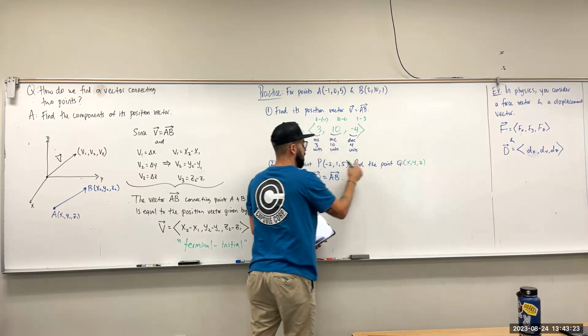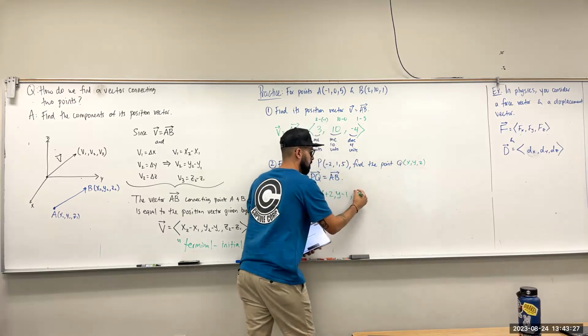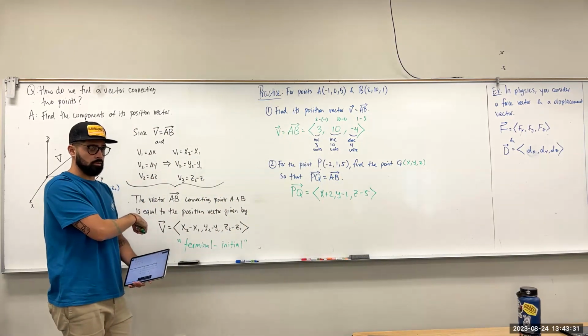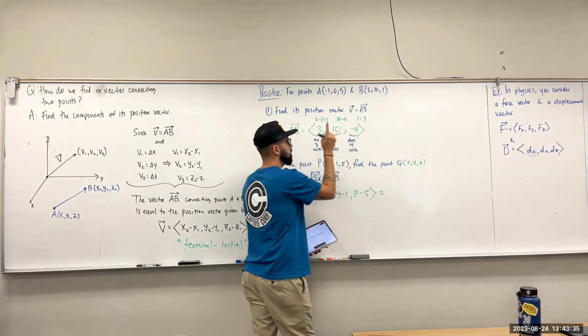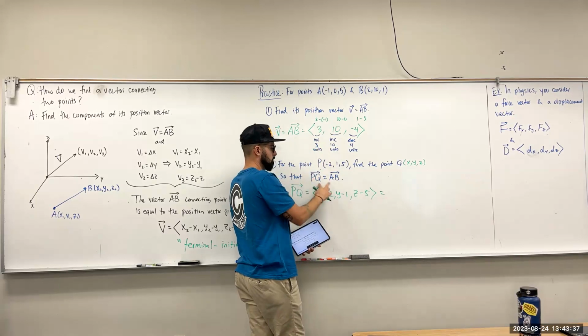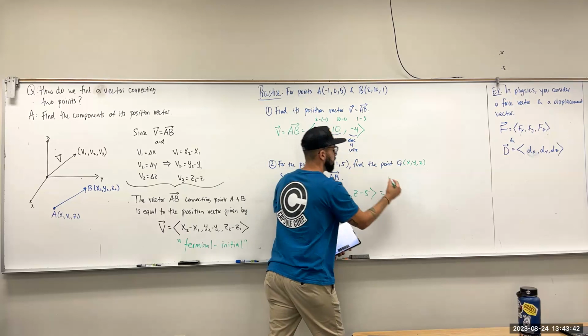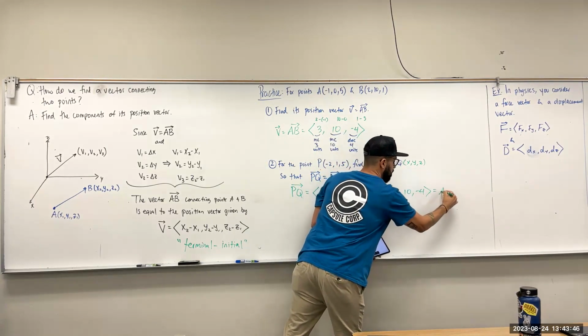This unknown Y minus this 1, and this unknown Z minus 5. This is just me using my formula to give me the vector, right? But this vector is supposed to be equal to this vector from what the condition says, because this is AB.